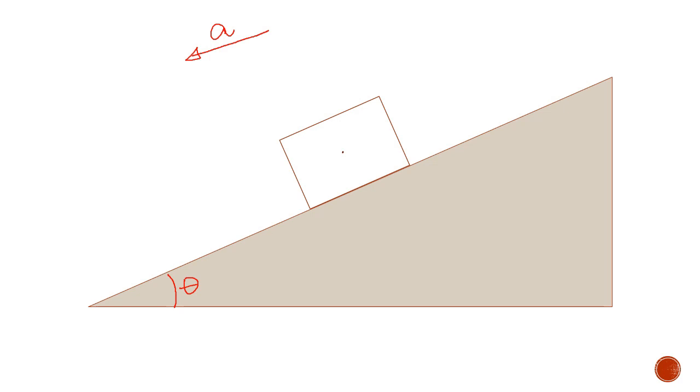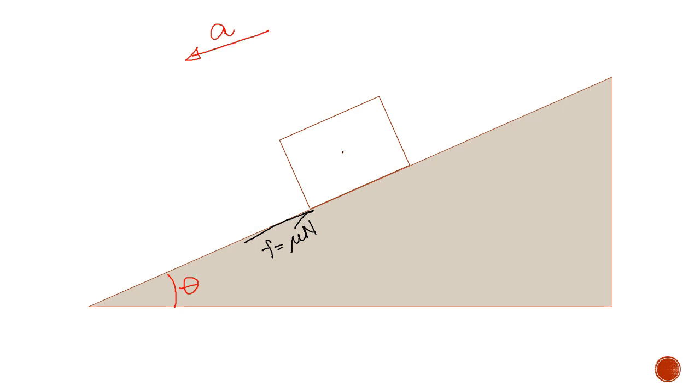Therefore, there will be a frictional force. There will be a frictional force that will be opposing that motion. It will be F, and that is actually equal to mu n, wherein mu is the coefficient of friction and n is the normal force.